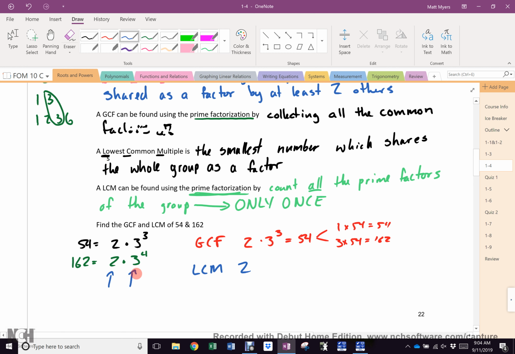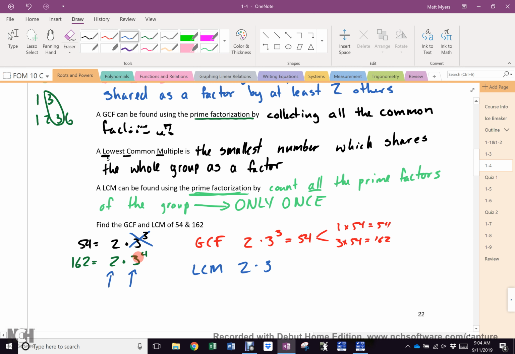Now look at this one. Is 3 a factor? Yeah. How many 3s? This guy has 3 3s. This guy has those same 3 3s and 1 more. I have to count all of them, but only once. So do I need to count these 3 3s? No, because I've already counted them here.